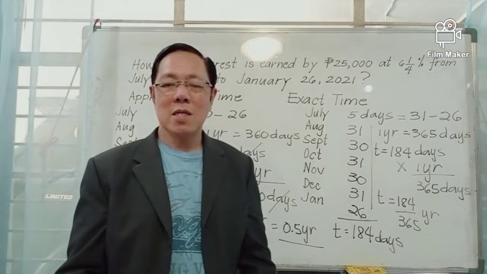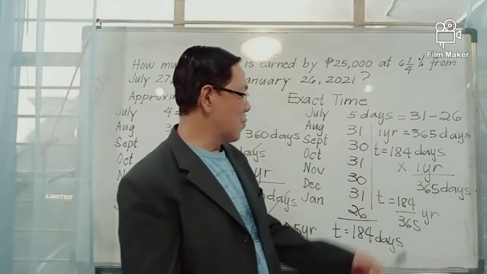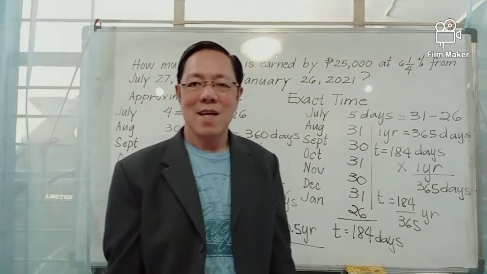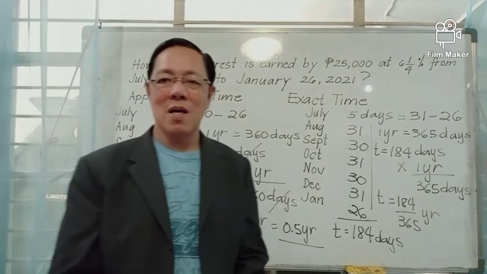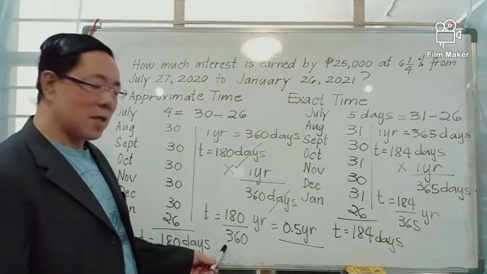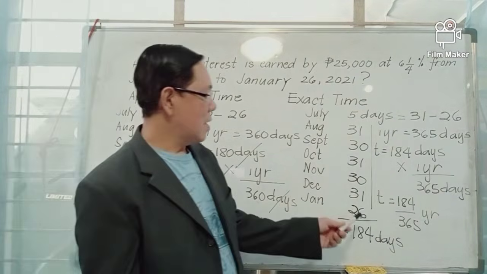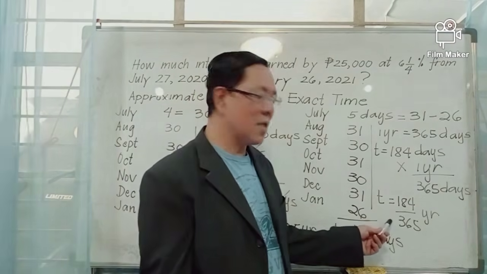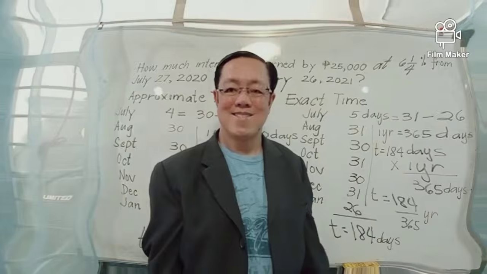And you may use your calculator to convert this fraction to 2 decimal places. And then we will compute the approximate amount of simple interest using the approximate time, and we will compute the exact amount of simple interest using this exact time.